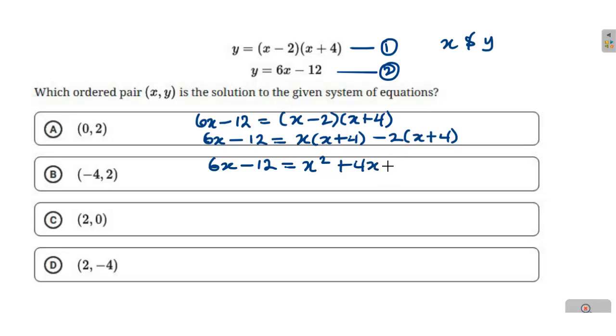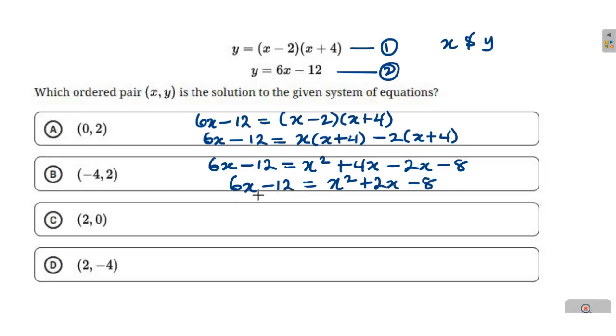Minus 2 times x, that's minus 2x, then minus 2 times 4, that is minus 8. So at the end of it, 6x minus 12 will be equal to x squared plus 4x minus 2x gives plus 2x minus 8.